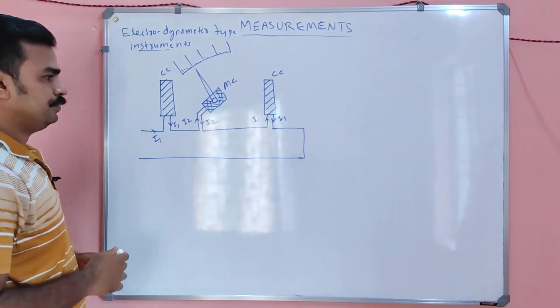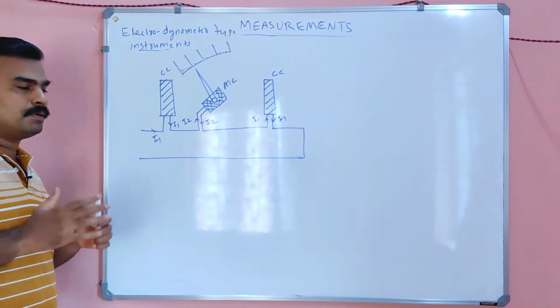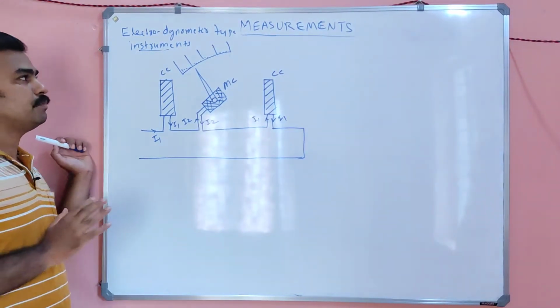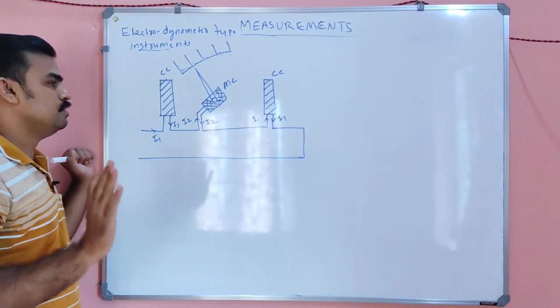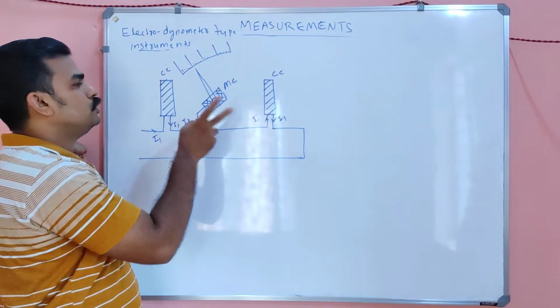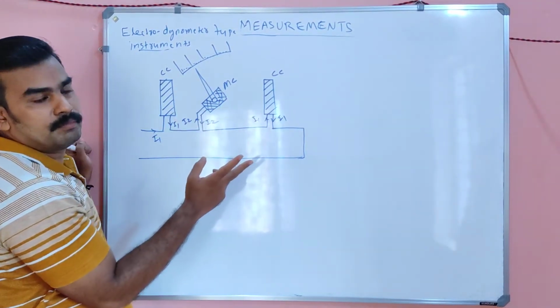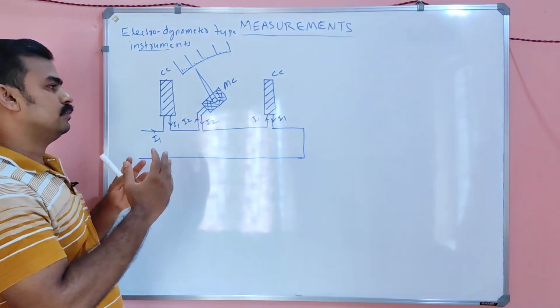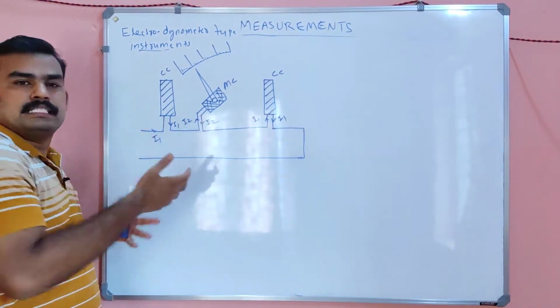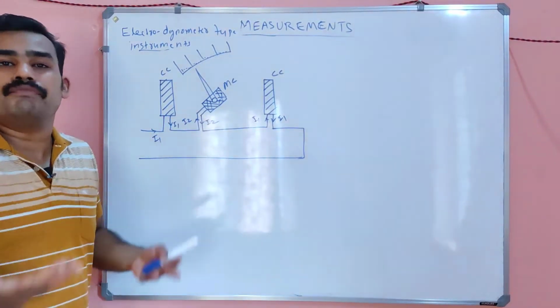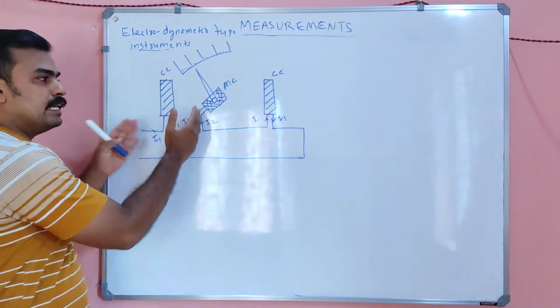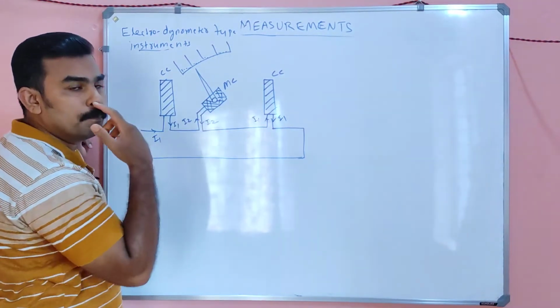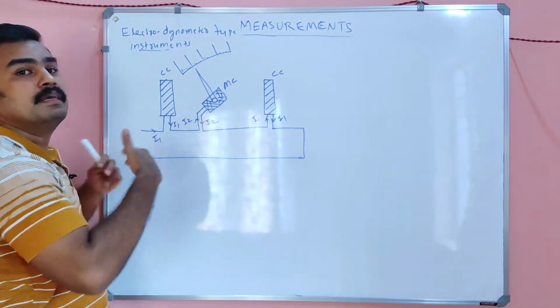So the working principle of this electrodynamometer type instrument is simply this: when a coil, a current carrying conductor, is situated in a magnetic field, what happens?